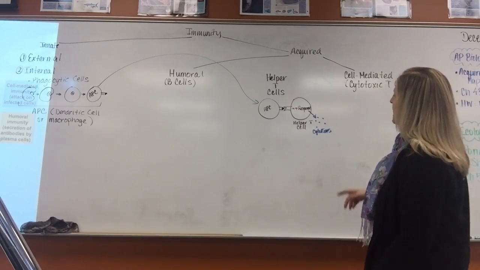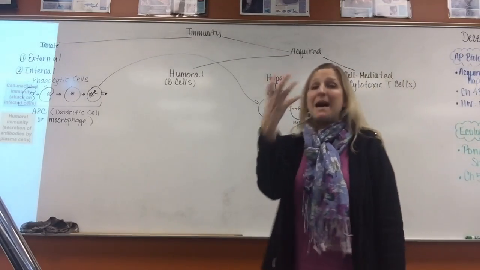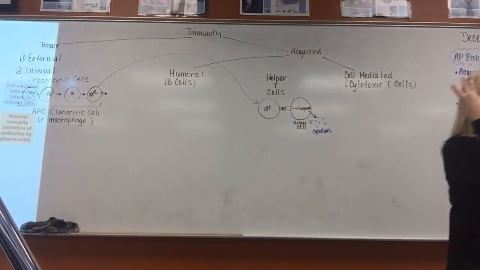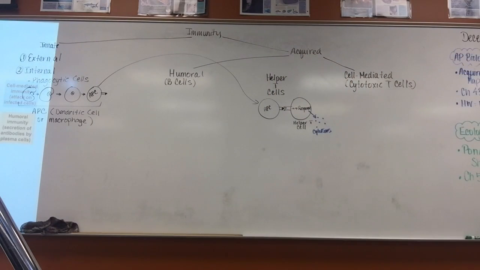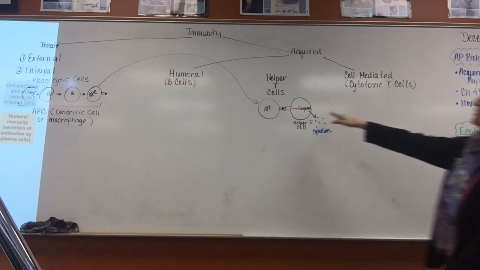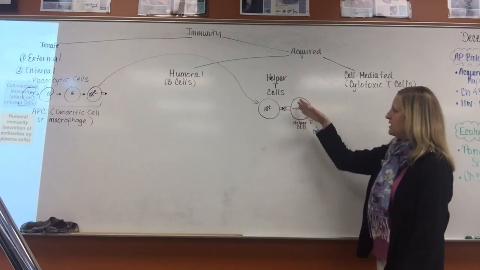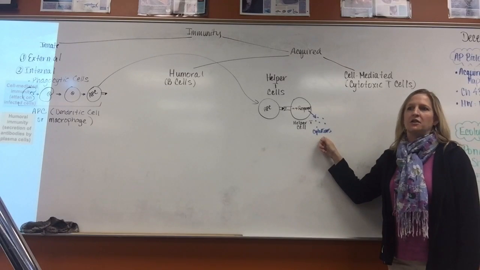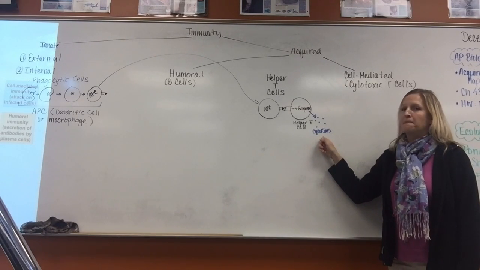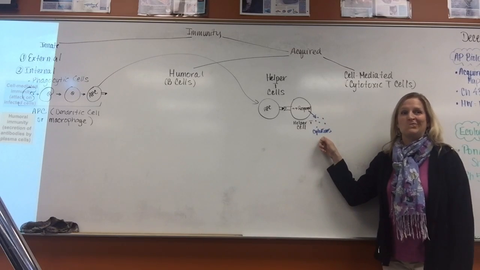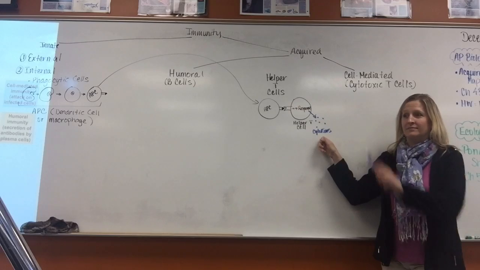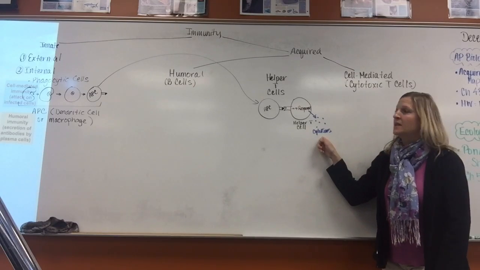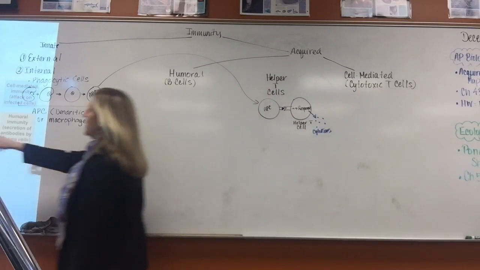So what do the cytokines do? They are a messenger, and they communicate with three different kinds of cells. This helper T cell is now activated by binding to the antigen-presenting cell. It releases the cytokines. What's one type of cell that these cytokines are going to communicate with? Yeah, it's going to communicate with B cells.